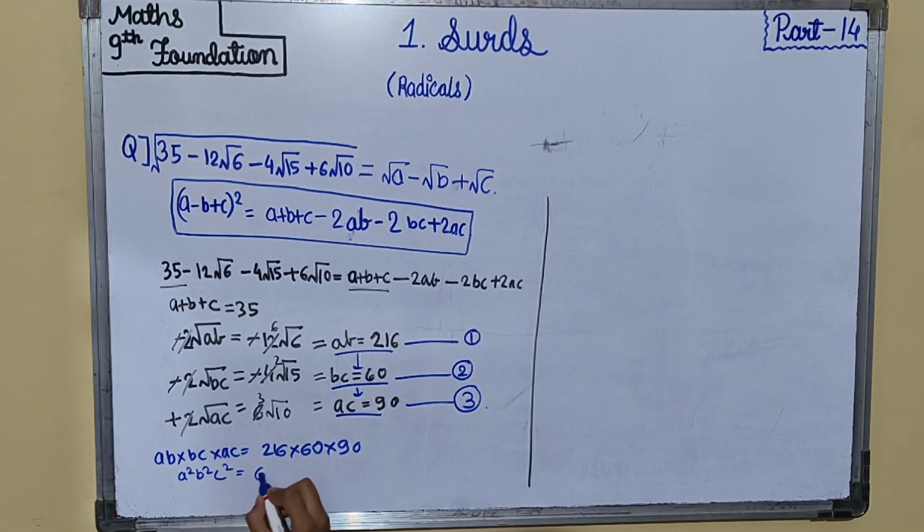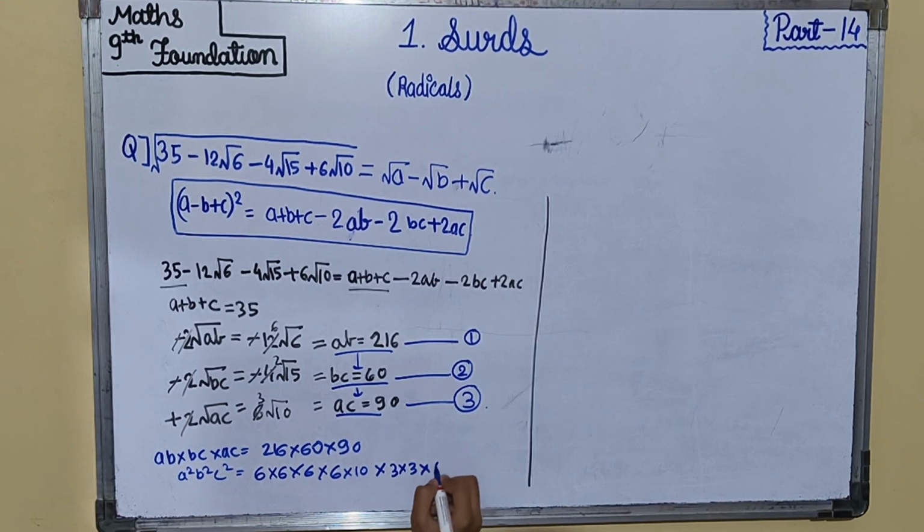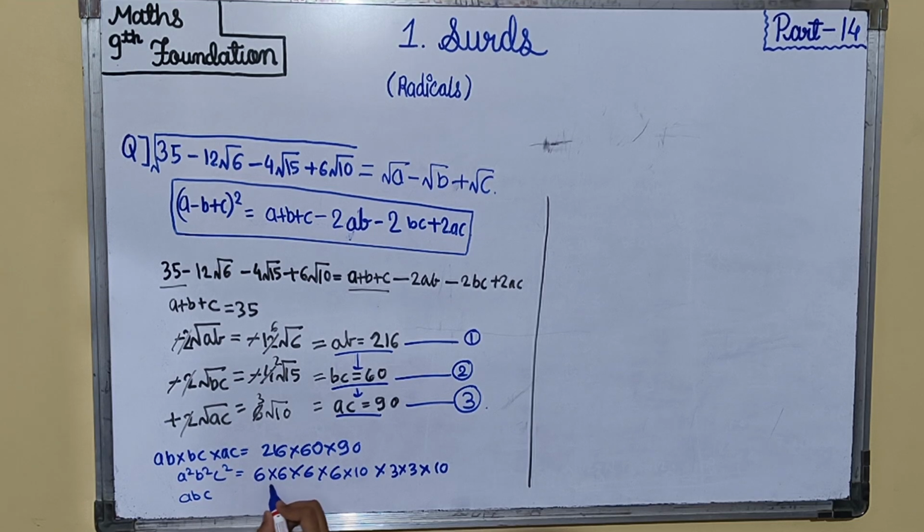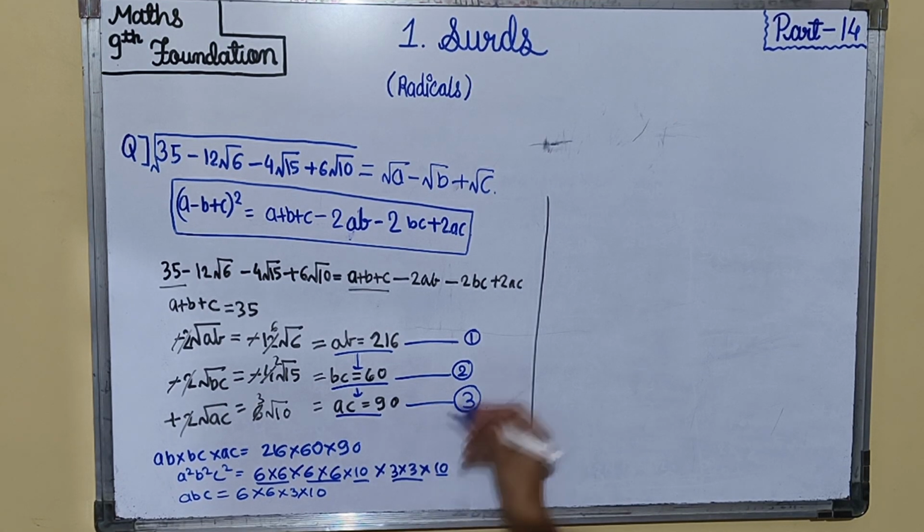So 216 can be written as 6 into 6 into 6, 60 as 6 into 10, and 90 as 3 into 3 into 10. Now the value of abc would be 6 into 6 into 3 into 10, because 6 and 6, 10 and 10, and 3 and 3 pair up, and one from each pair comes out.